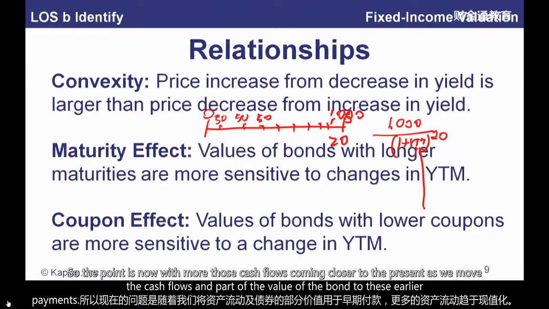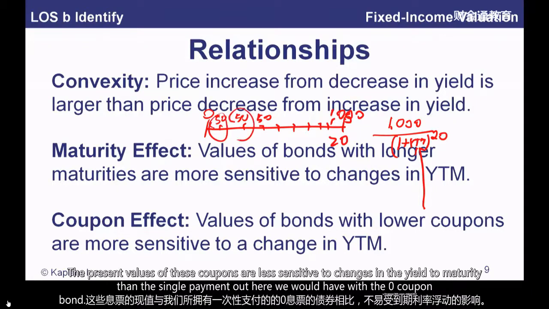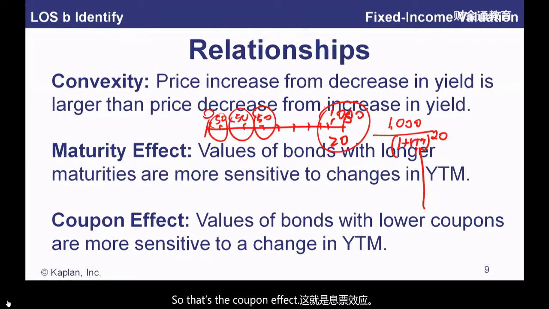So the point is now, with more of those cash flows coming closer to the present, as we move cash flows and part of the value of the bond to these earlier payments, well, it's kind of the same argument we made with the maturity effect. The present values of these coupons are less sensitive to changes in the yield to maturity than this single payment out here that we would have with a zero coupon bond. So that's the coupon effect.